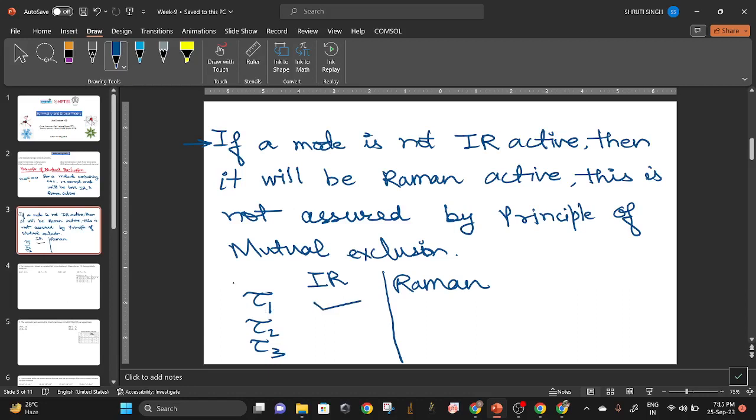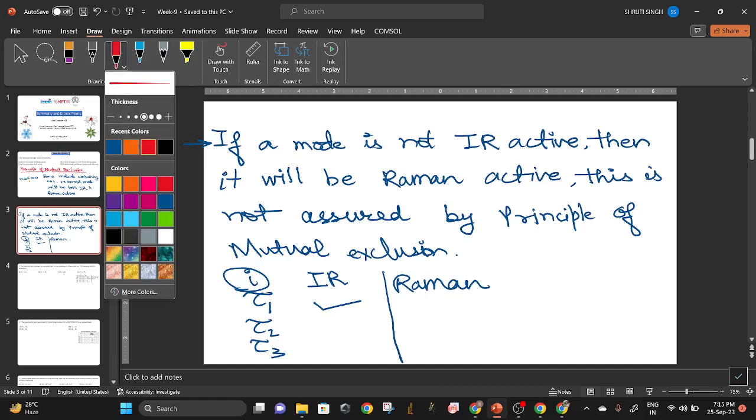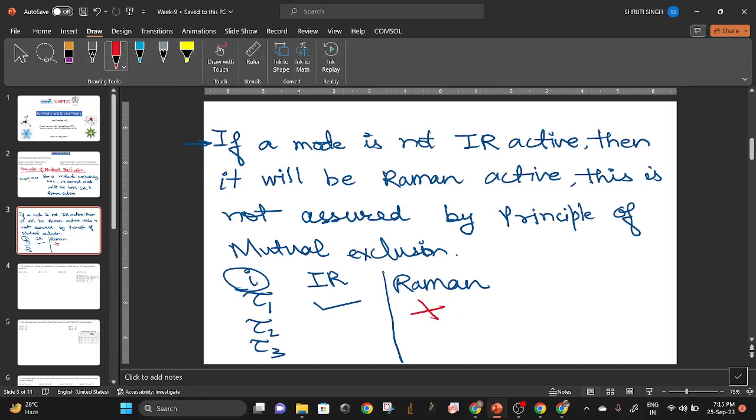Then, if the molecule has a center of symmetry, which is the first case, and the normal mode is active in IR, we can definitely rule out that it will be active in Raman as well. It will never be active in Raman. This is the only criterion assured by the mutual exclusion principle.